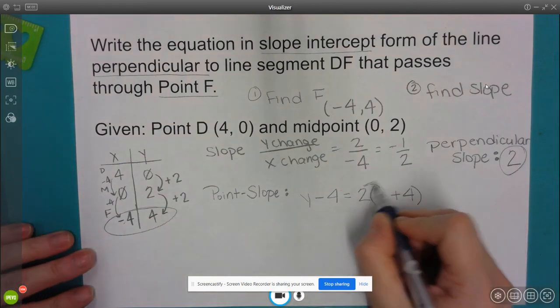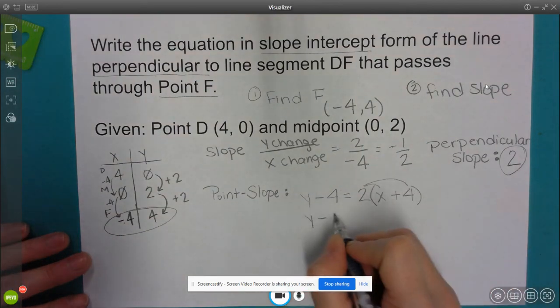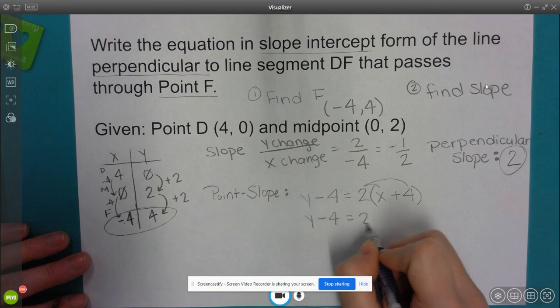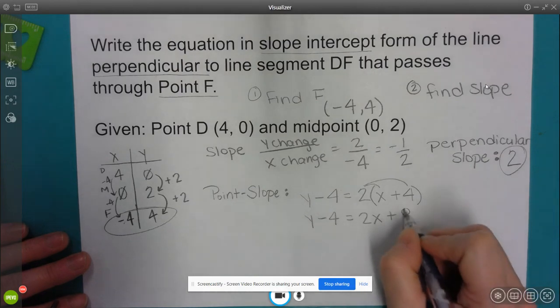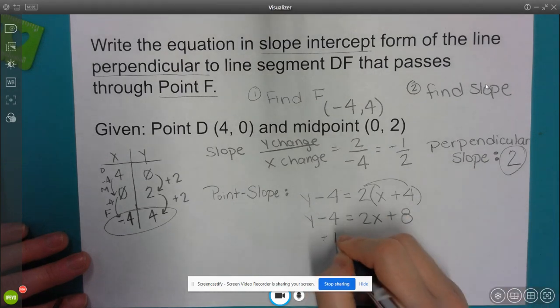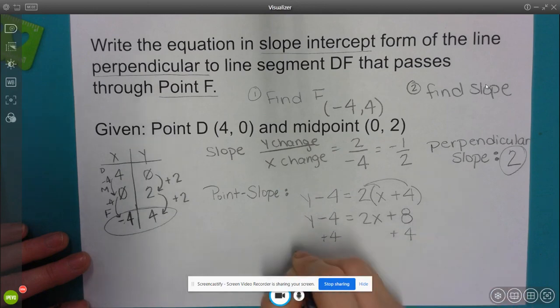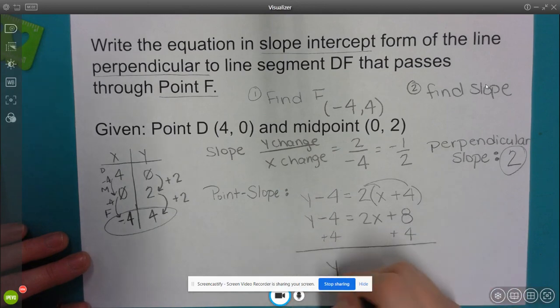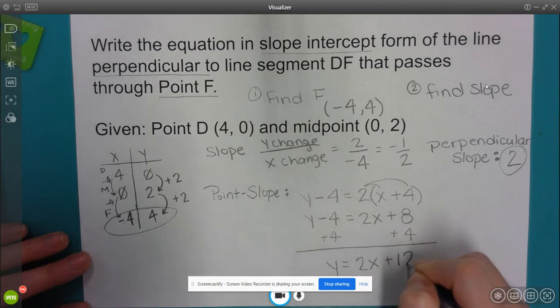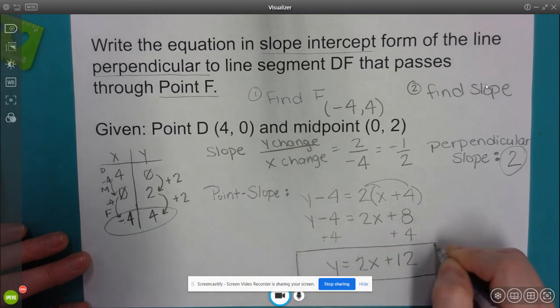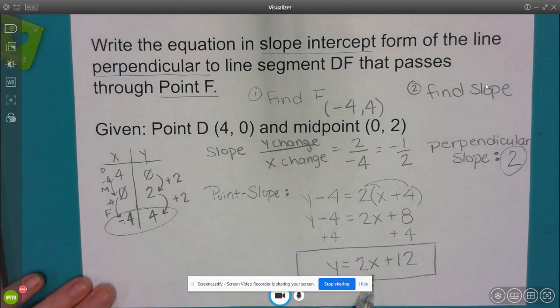And distribute the 2, so I'll have y minus 4 equals 2x plus 8. Then I'll add 4. So my slope-intercept form is y equals 2x plus 12. So this is perpendicular to DF and goes through point F.